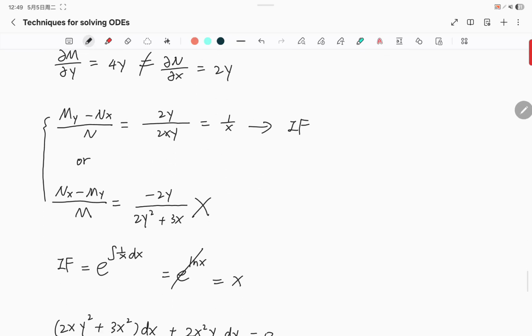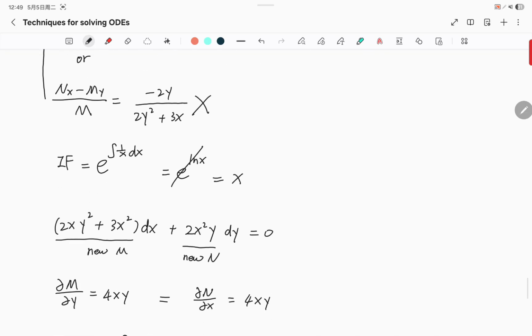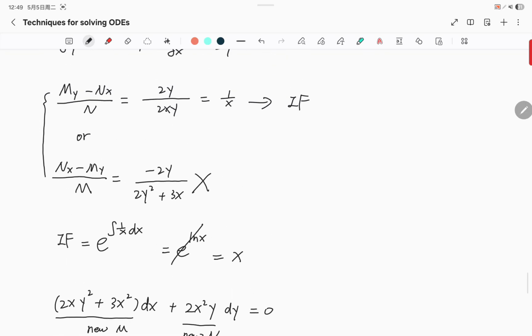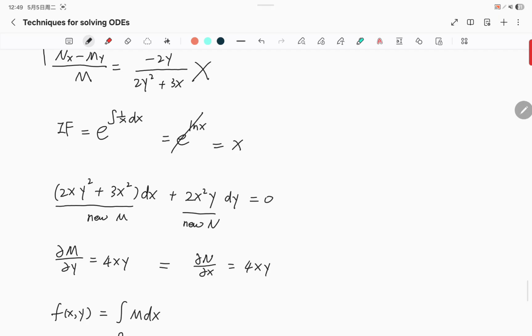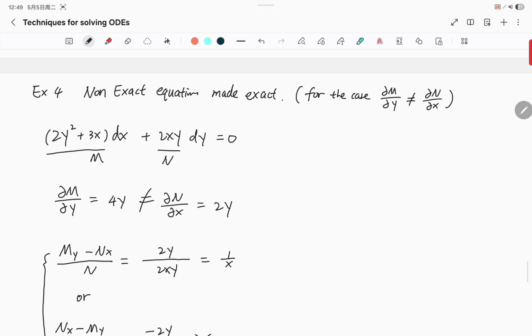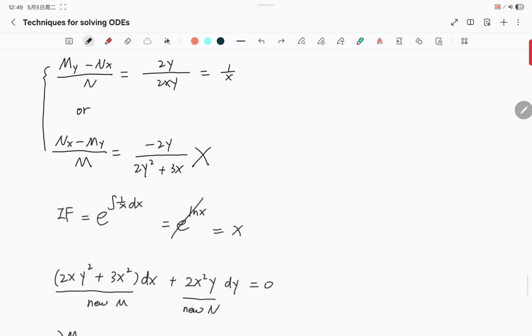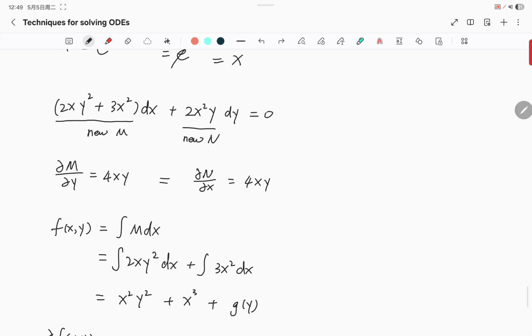And then you're going to choose your integrating factor, right? 1 over x is not the integrating factor, 1 over x is what you use to get the integrating factor, which is x. After you get integrating factor x, multiply x back to your original equation. So I just increase the power of x.